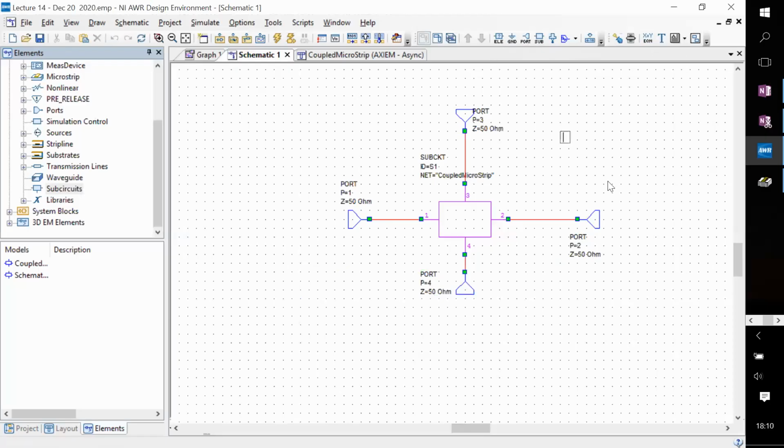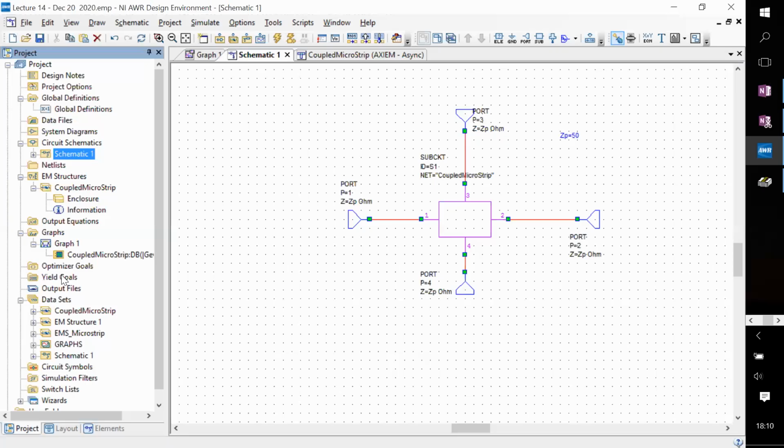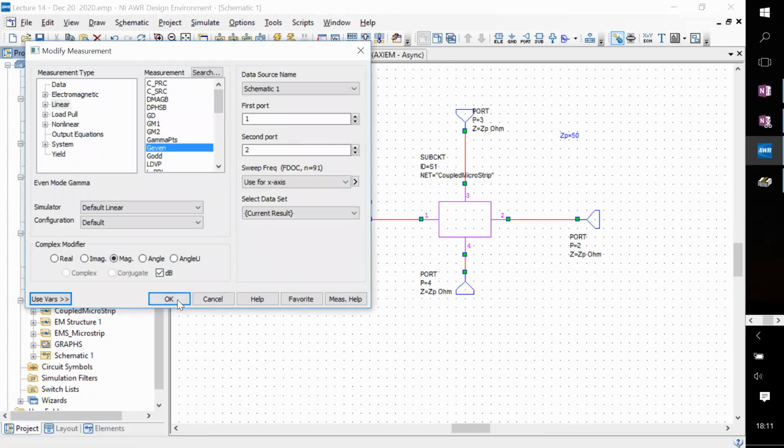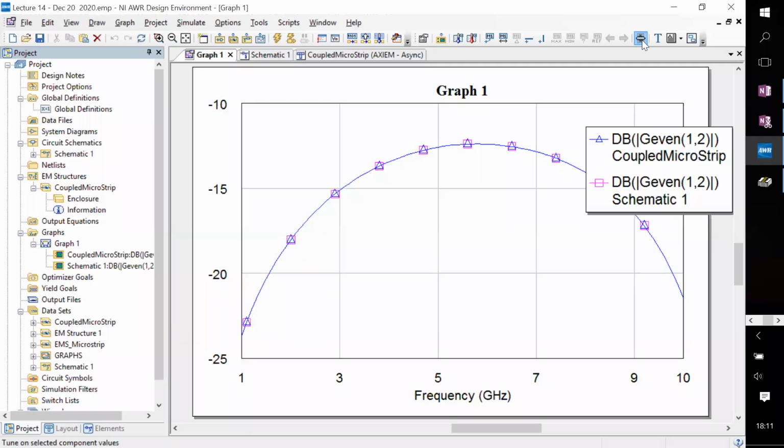And I'm going to define, just to duplicate the measurement and put it on schematic. So right now they're identical.